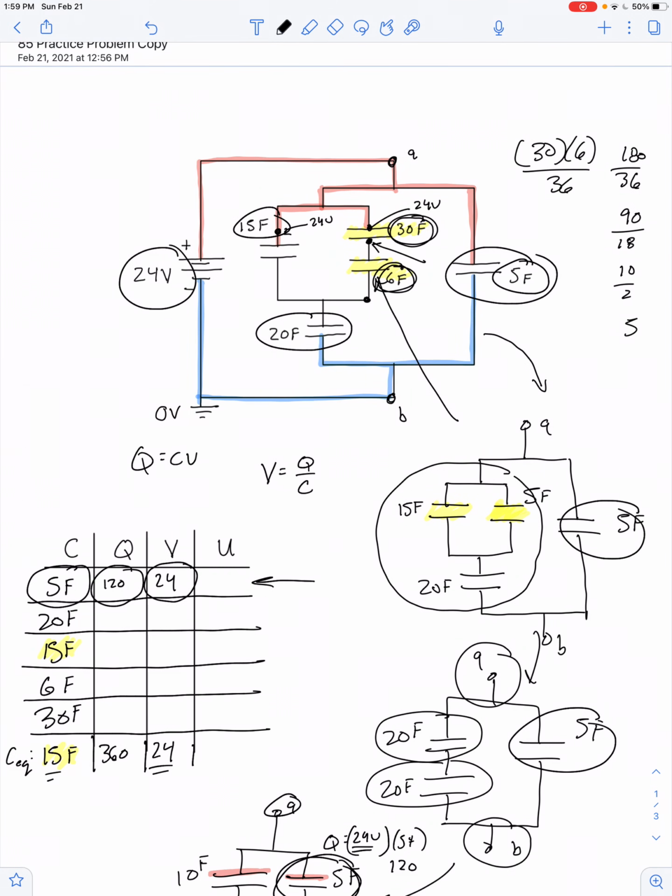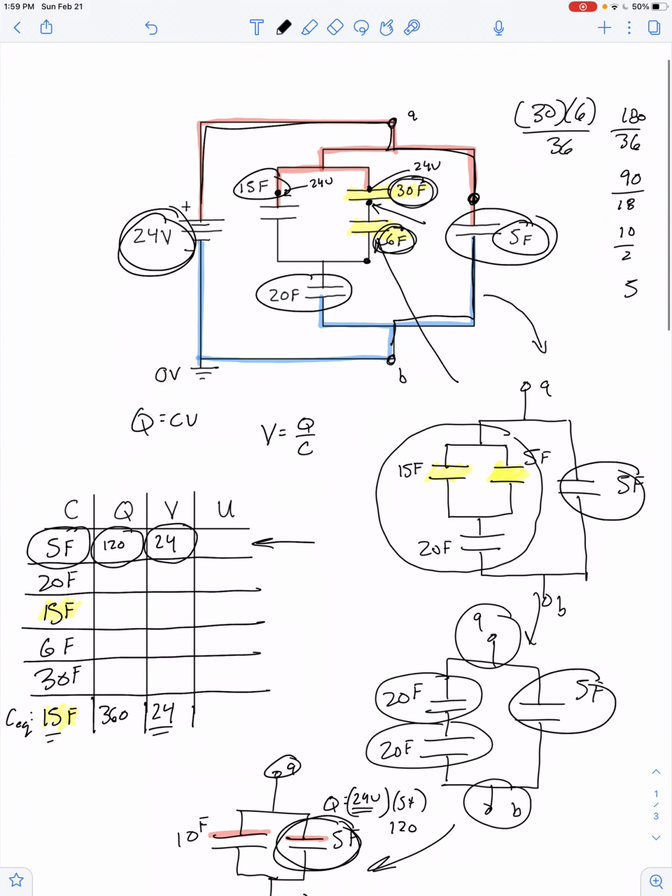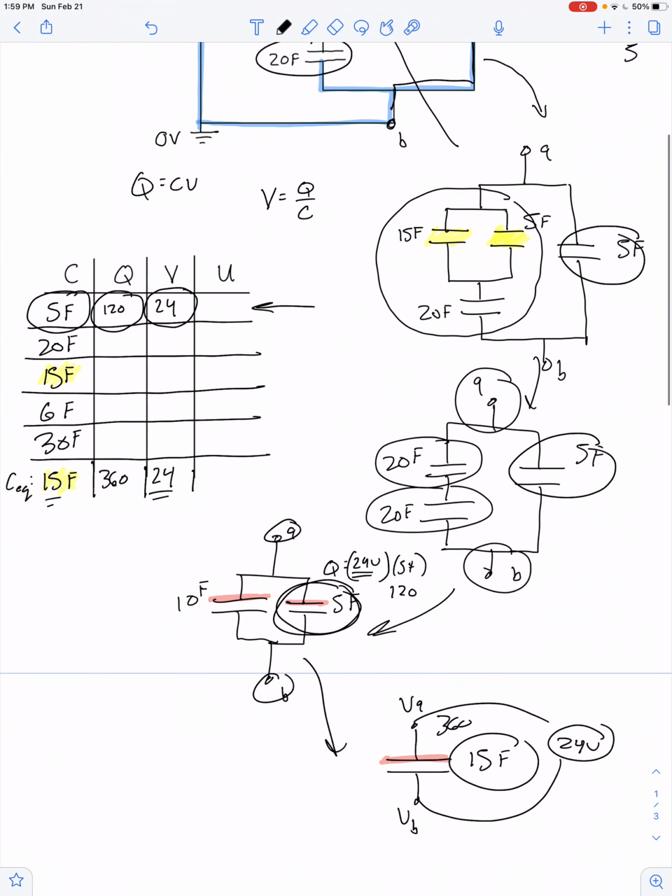The electric potential at this point, as indicated in red, is 24 volts, and the potential at this point is 0 volts, right? So we could have gotten that straight off the bat. No other capacitor has that same amount. But now, if this is 120 coulombs out of 360, then this must have 240 coulombs on it.